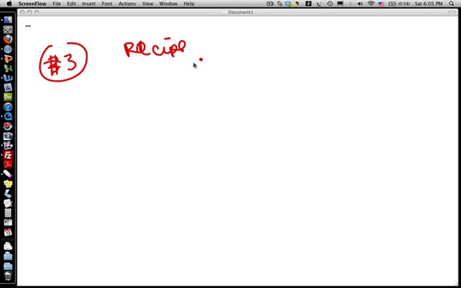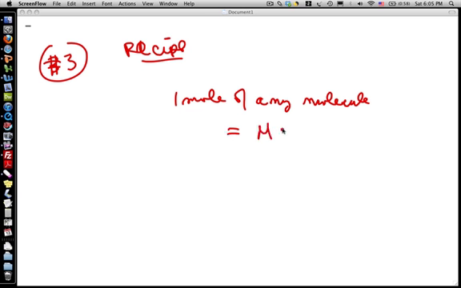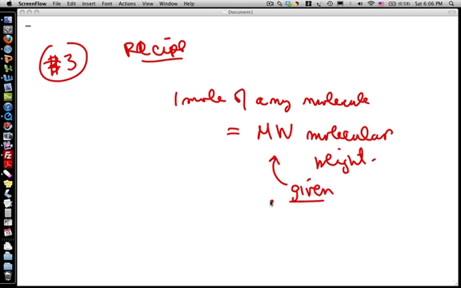And for these recipes, we just need to learn one more thing, and that is that 1 mole of any molecule is equal to the molecular weight of that molecule. And we don't need to calculate that in our course. This will just be given.